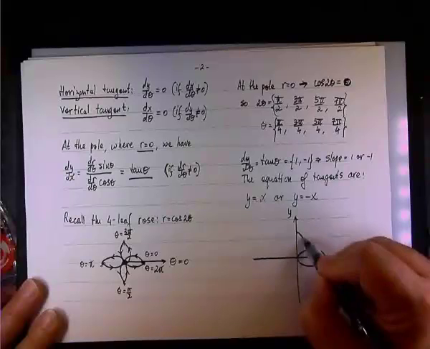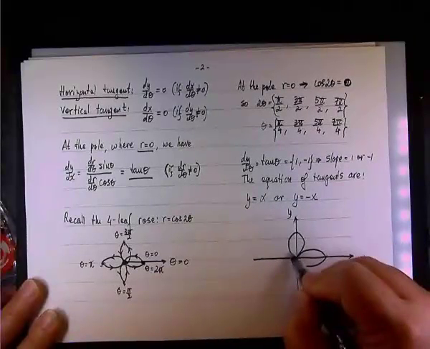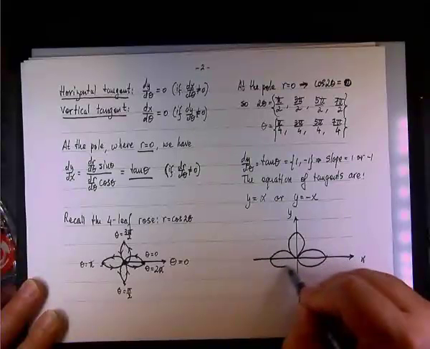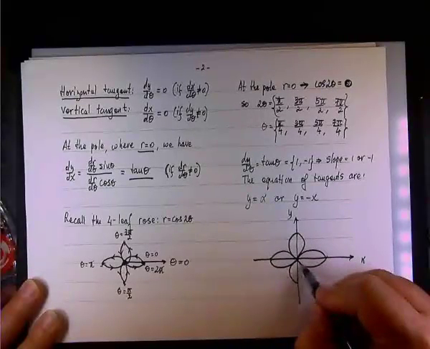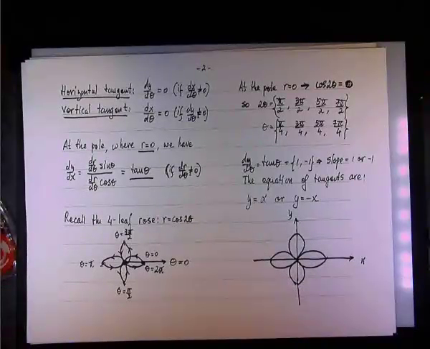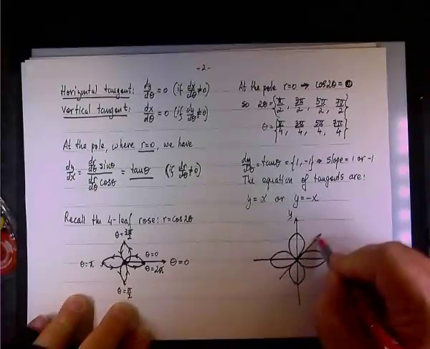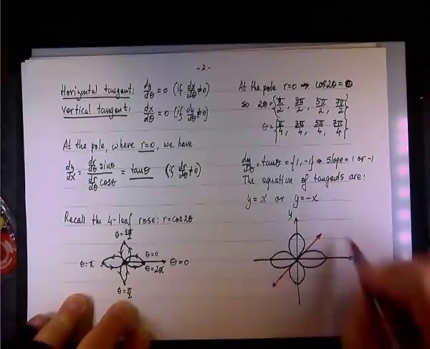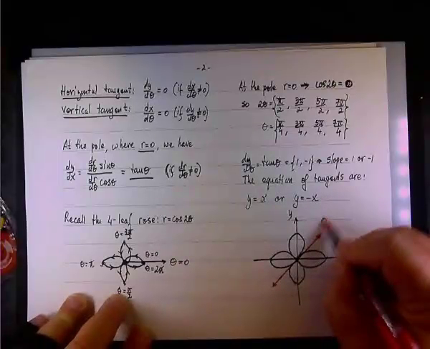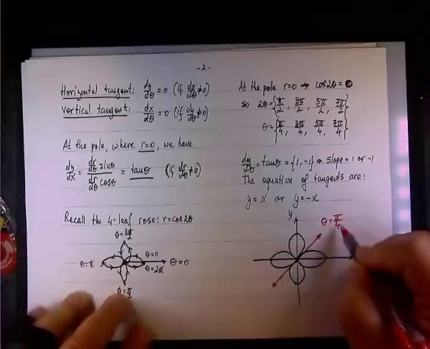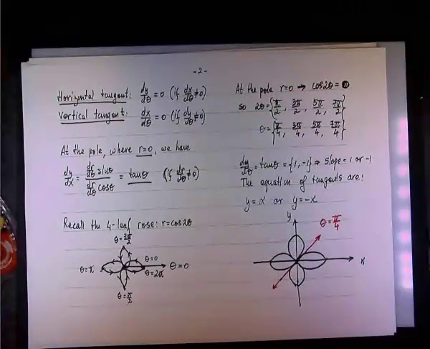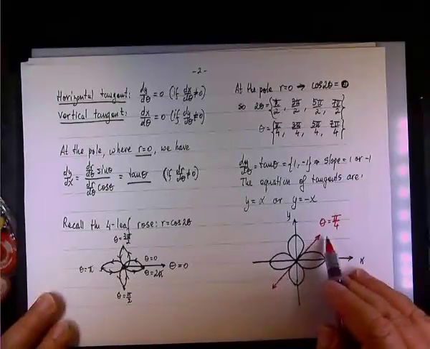I'll try to sketch it at a little bit larger scale here. And this time I'm sketching it on the xy coordinate system. Okay, so this is a four-leaf rose, or four-petal rose, and you can see that the tangent at the origin, at the pole, will be the line theta equals pi over 4.